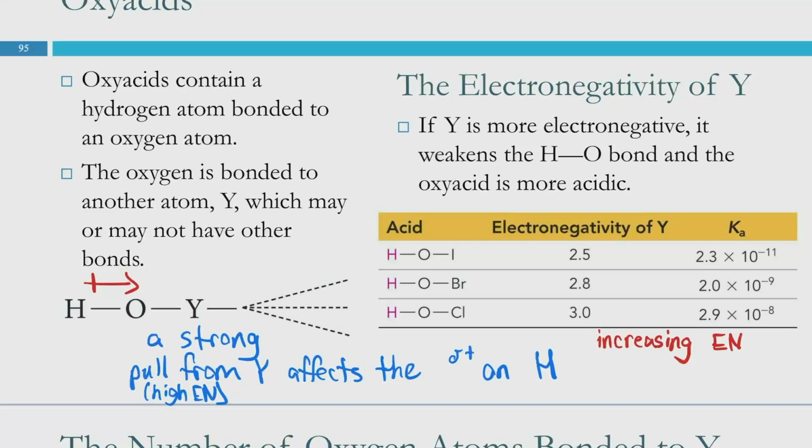So increasing the electronegativity of Y increases our Ka value because we're putting more of a partial positive charge onto our hydrogen.